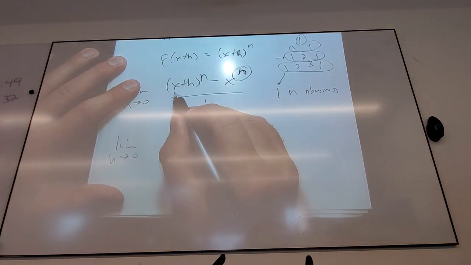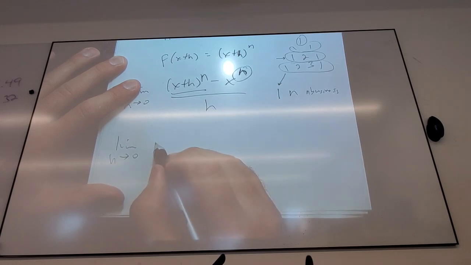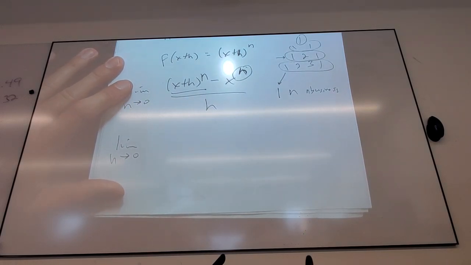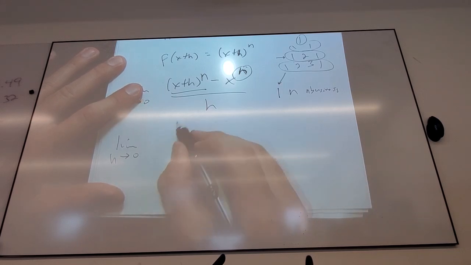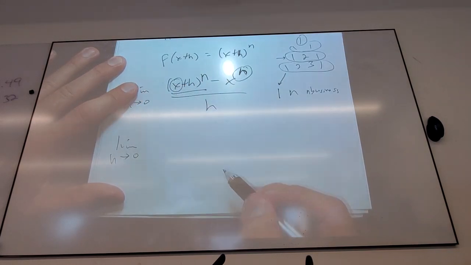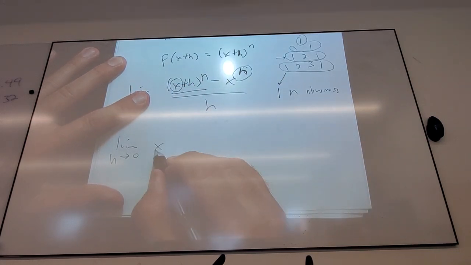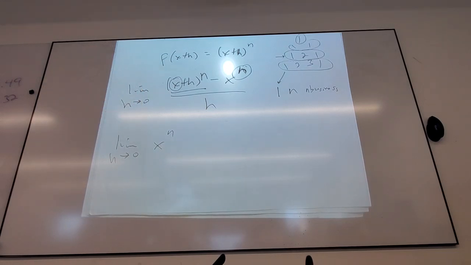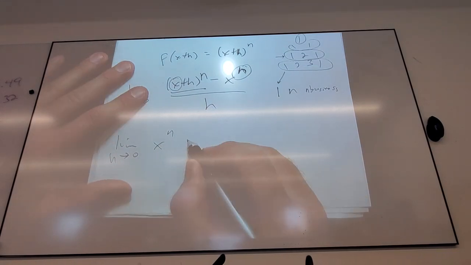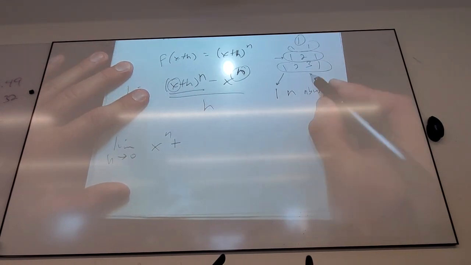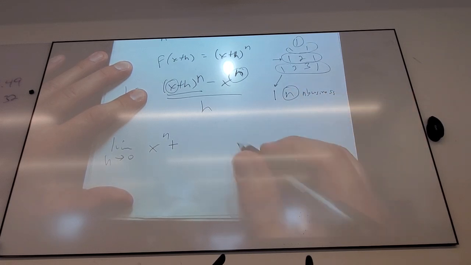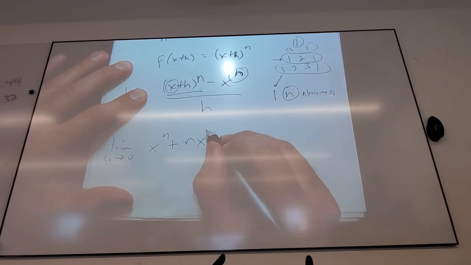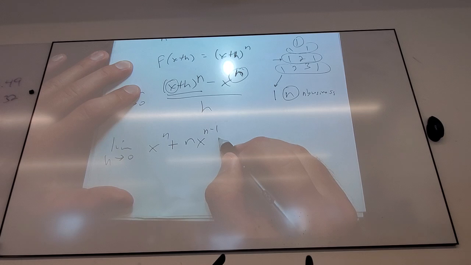If I start to write what this is, the idea of binomial expansion, of Pascal's triangle helping me, is I'm gonna start with nothing but these, correct? I'm gonna start with n x's, plus the next coefficient, 1 less x, 1 more h.